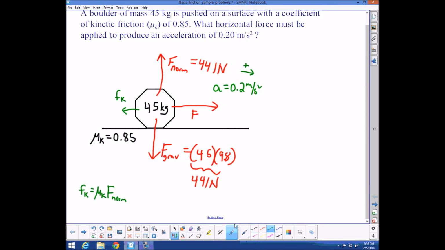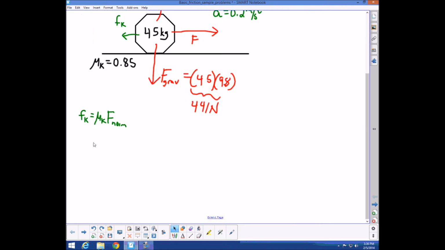We're given both of those quantities. So the force of kinetic friction is equal to 0.85 times 441, which gives 374.85 newtons.